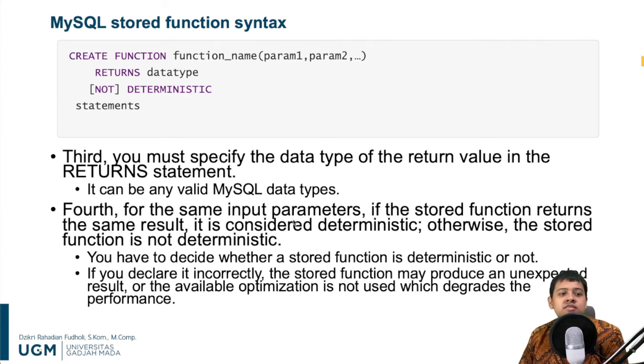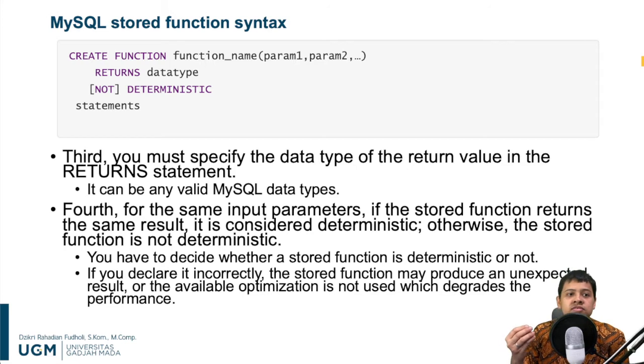Fourth, for the same input parameter, if the stored function returns the same value, it is considered deterministic. Otherwise, the stored function is not deterministic. So if in this function you have the same input called at different times, and it will have the same result, then it will be considered deterministic. Otherwise, the stored function is not deterministic.